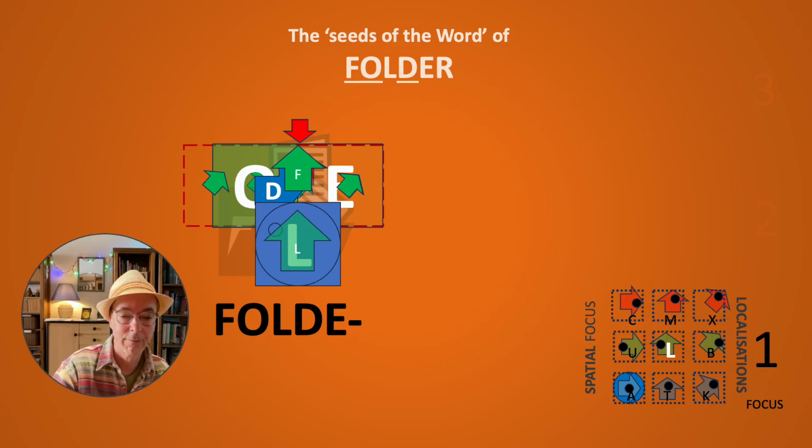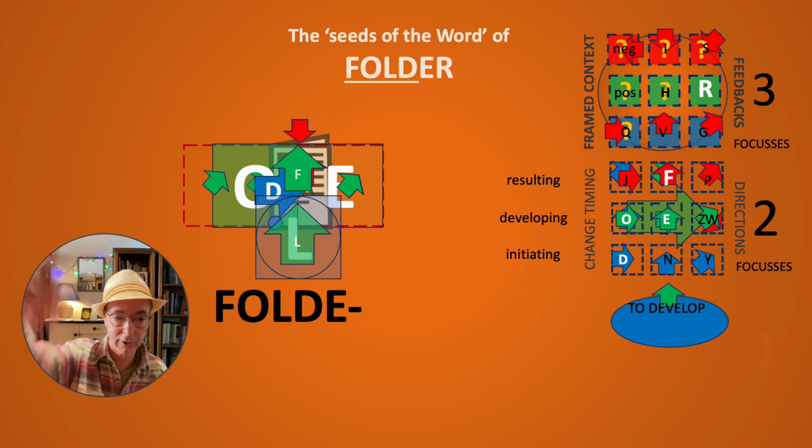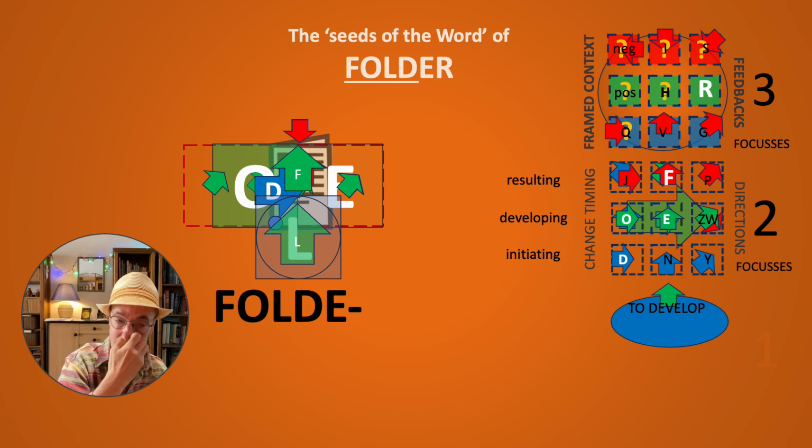We have the folder almost, except for the R. The R will be at the last category. The last category will be about the feedback process. So here the feedback process will be dominant, which says the feedback is always about what is really needed, and how the context actually decides on what is needed.